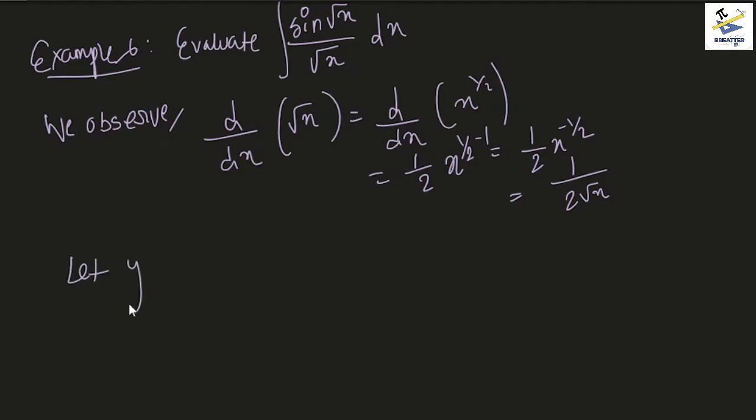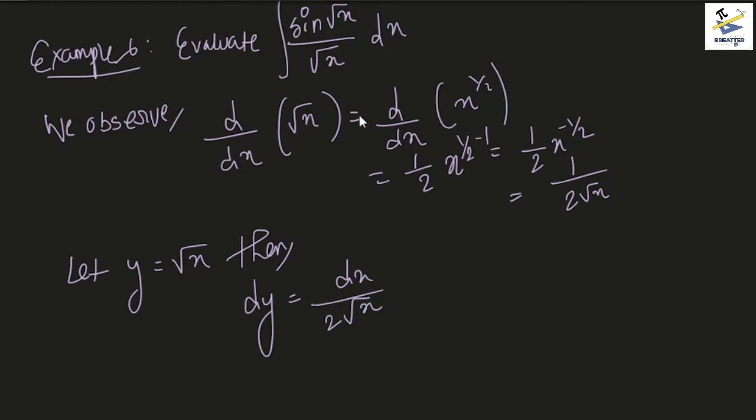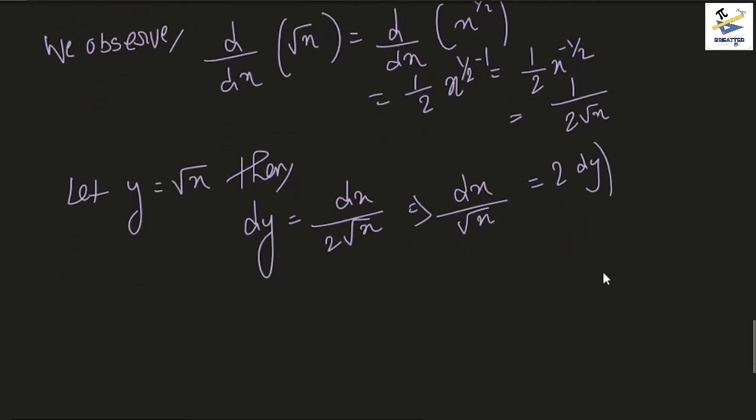Let y equals to root x, then dy should be equal to dx by 2 root x, right? But we see dx by root x is also present, so what we get from this equation is dx by root x should be equal to 2 dy, and we can absolutely put this to get the integral as I equals to sine of y, because root x is y, into 2 dy.